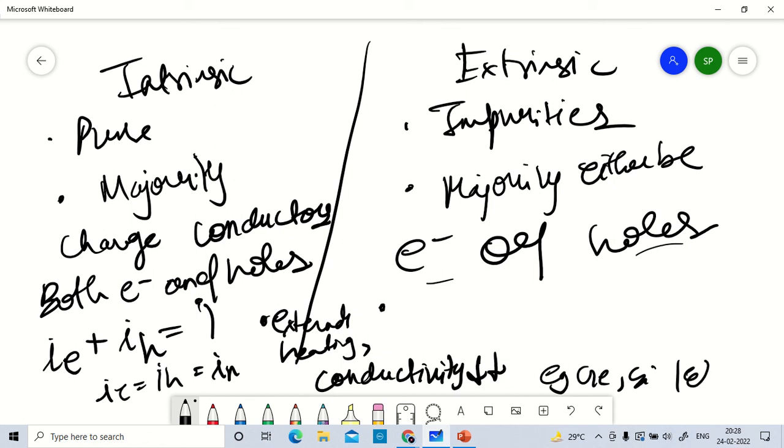Okay, so these are elemental semiconductors, right? Nothing else is there, only this is there.